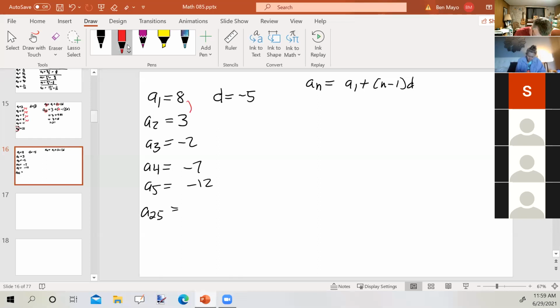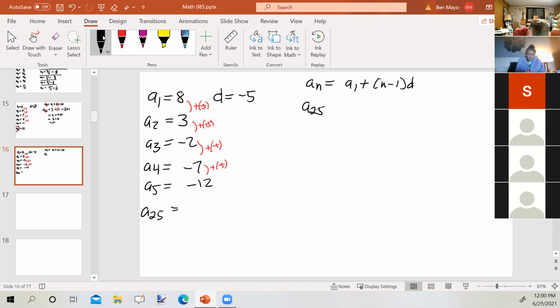Because here I'm adding -5 each time, which is just like subtracting 5. Are we okay with the first 5 terms? Yeah. All right, now let's go after the 25th term.